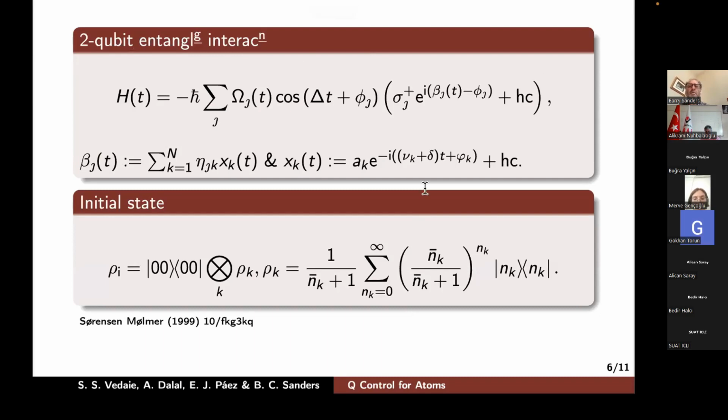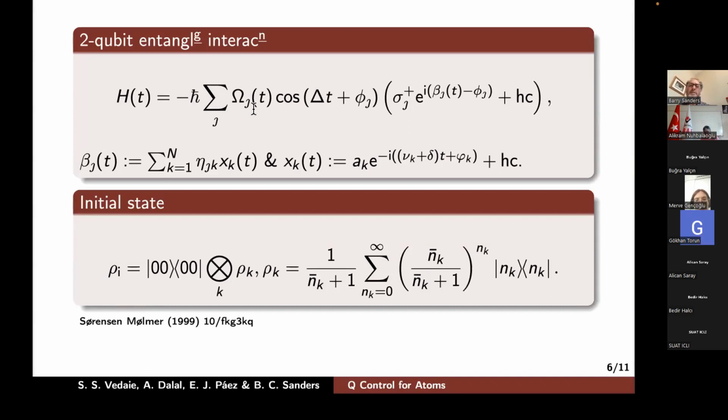Okay, so what does the Hamiltonian look like? This is the ion trap case. So I'll just give you an idea of what we're optimizing. The time-dependent Hamiltonian can be thought of as so there's an h-bar in front, and then we sum over j, where j is the index of which ion. In our case, we take 7 ions.